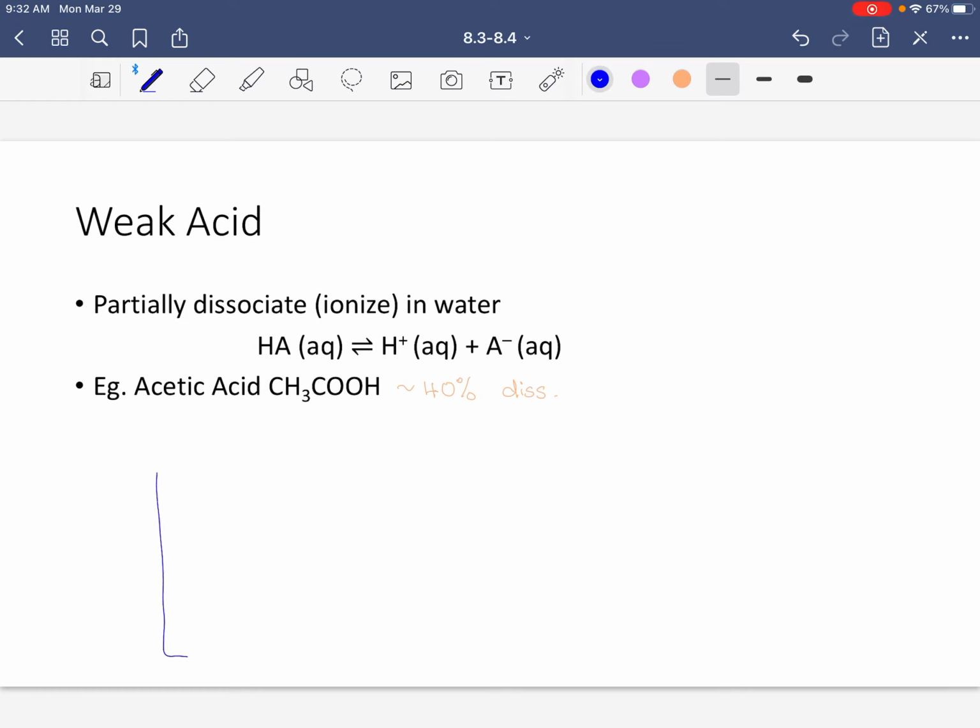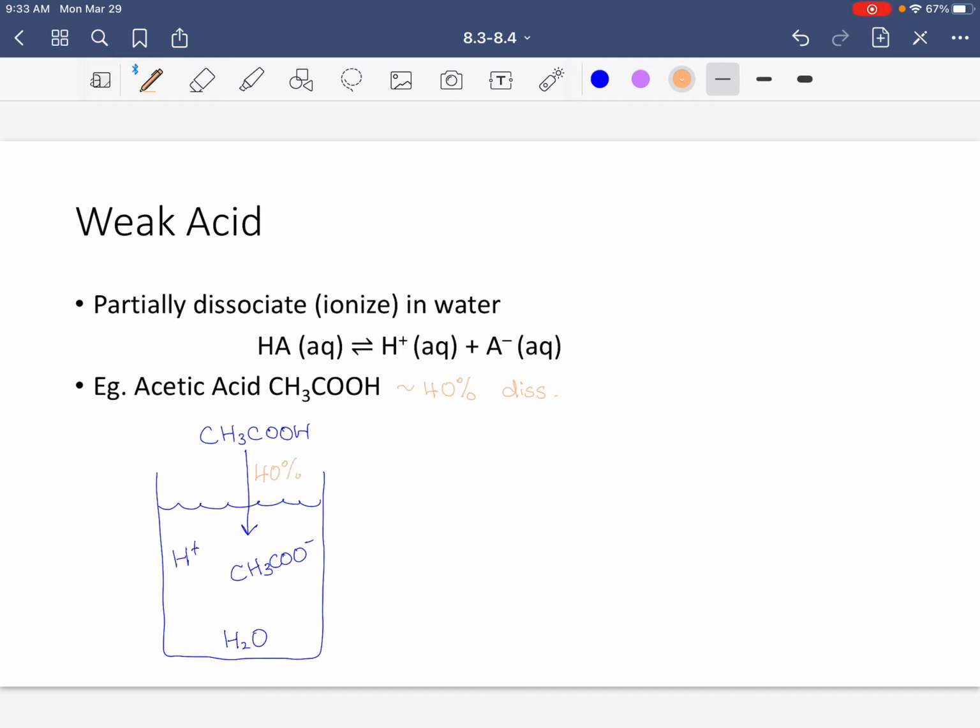Here's my beaker of water again, and here's my acetic acid, CH3COOH. If I drop this in water, I will get H plus and CH3COO minus. Unlike last time, where the dissociation is 100%, the dissociation here is only 40%.